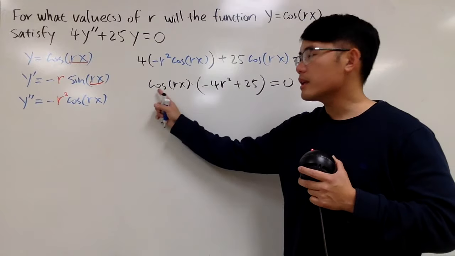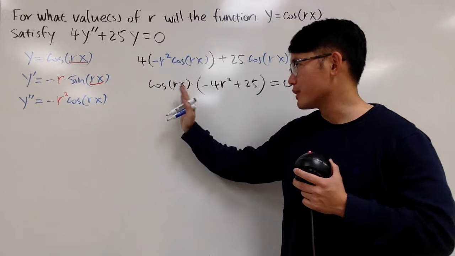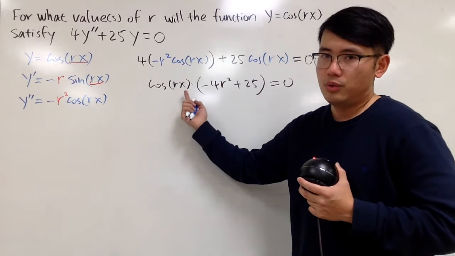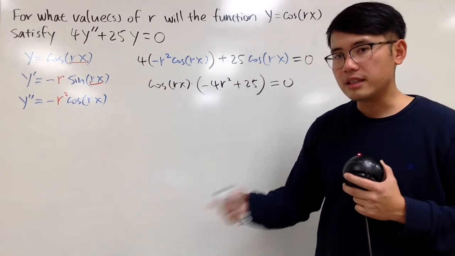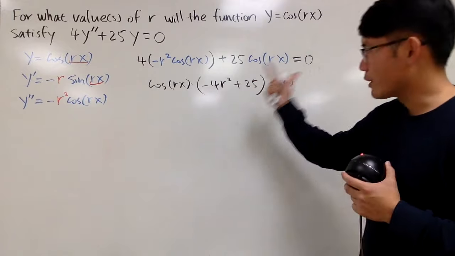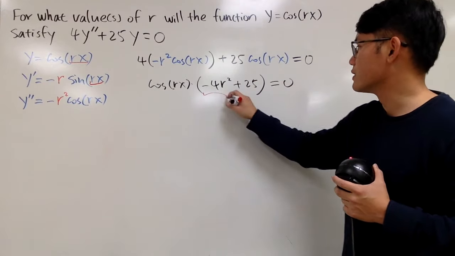Well, here we have cosine of r times x. We're not going to look at this because you may have an r value here, but you don't know what x is at the moment. x is an independent variable, right? So now look at this. We are going to look at this part and make it equal to 0. That's the idea. So we focus on here.